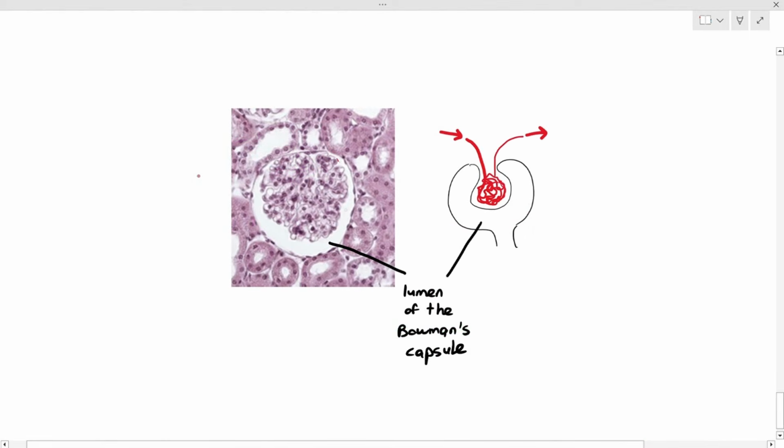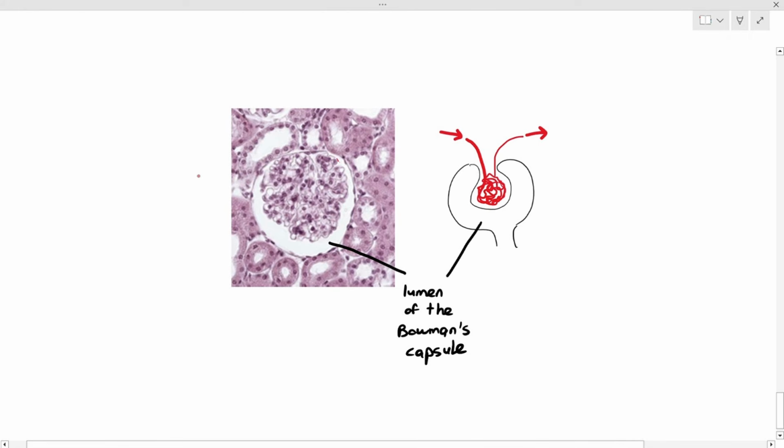Sometimes in the exam, they may actually give you a drawing of the Bowman's capsule and glomerulus, but sometimes you must also be able to identify the appearance of the glomerulus and Bowman's capsule under a light microscope. As you can see in this diagram over here, the one on the right is the drawing, obviously, and the one on the left shows you the appearance of the Bowman's capsule and glomerulus under a light microscope.